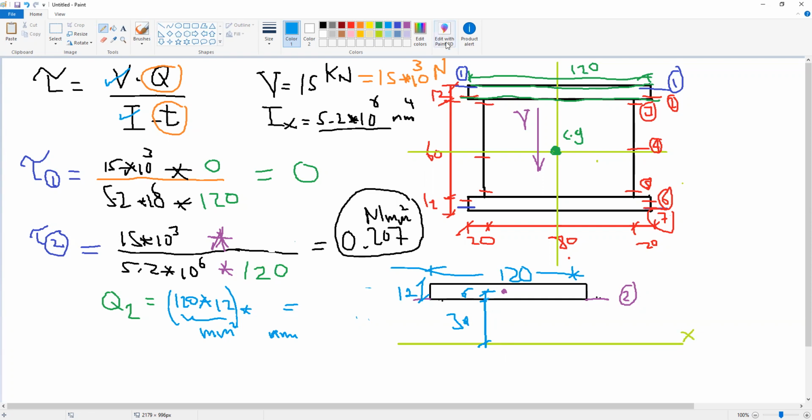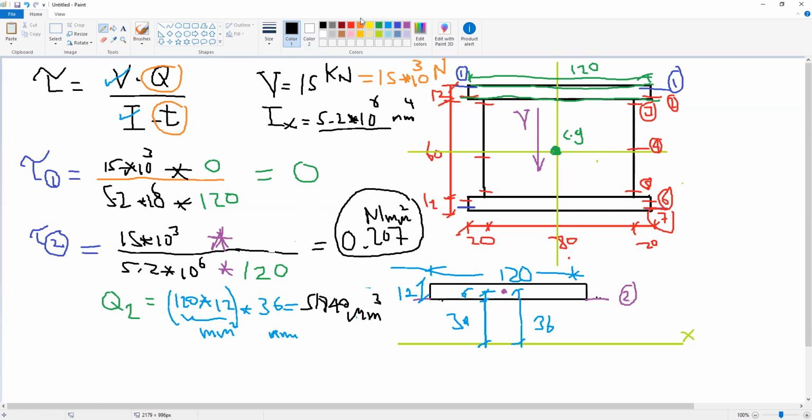The total distance here is 36 millimeter, and we put 36 here. So Q2 will be 51,840 millimeter to the power 3.